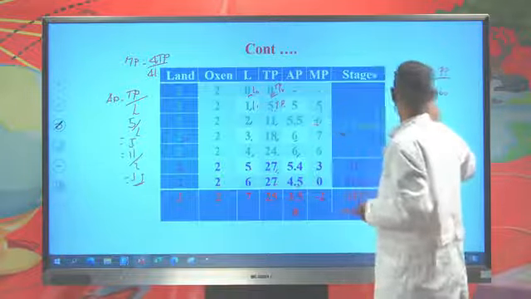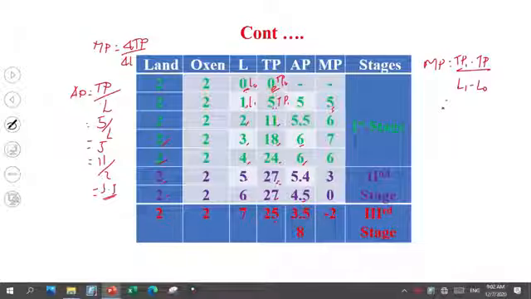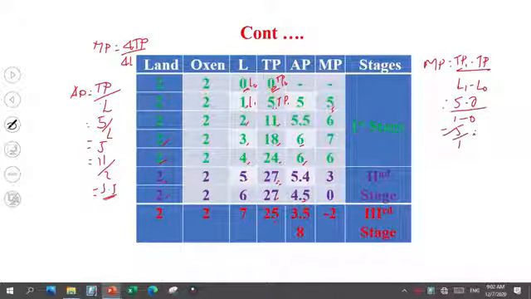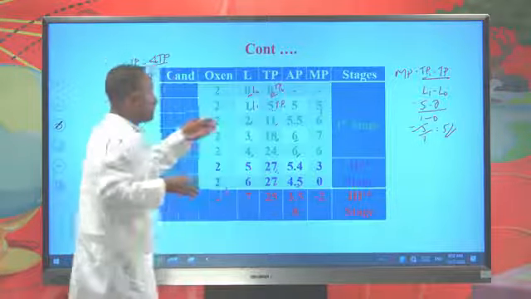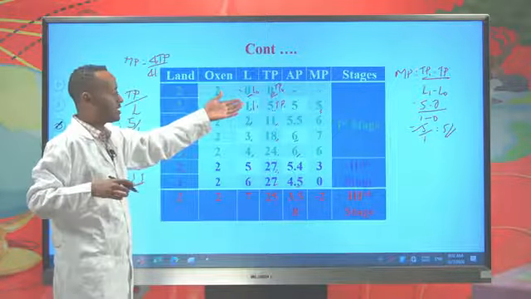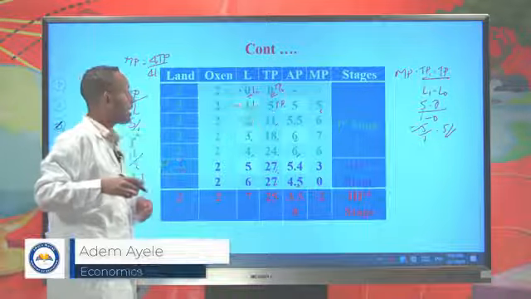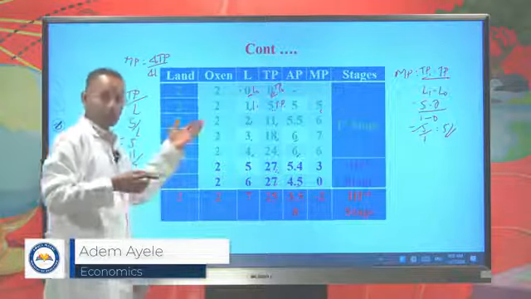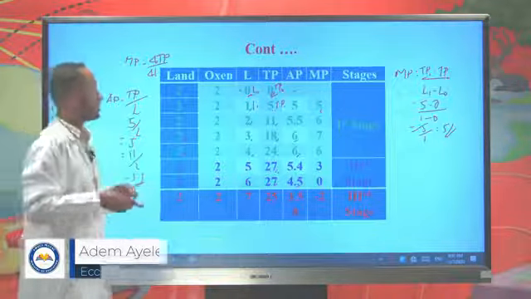When we substitute this information into the formula, the value of TP final, 5, minus TP initial, 0, is divided by labor final, 1, minus labor initial, 0. This is 5 over 1, which is 5. So this indicates that as we increase the variable input labor from 0 to 1, if the total product increases from 0 to 5, then the additional output produced from the additional unit of labor is 5.